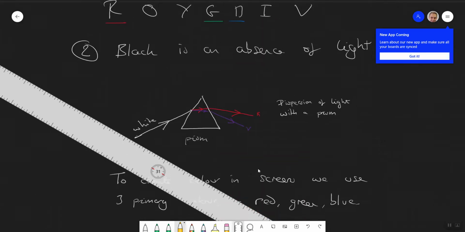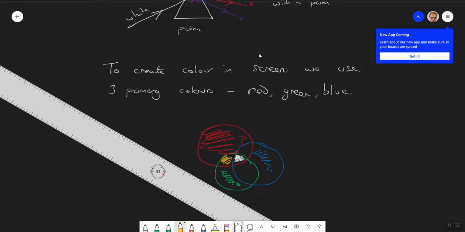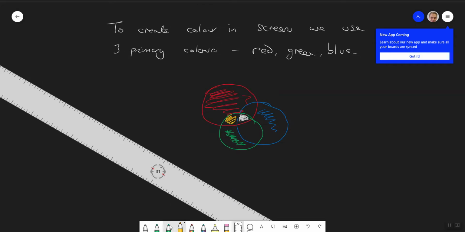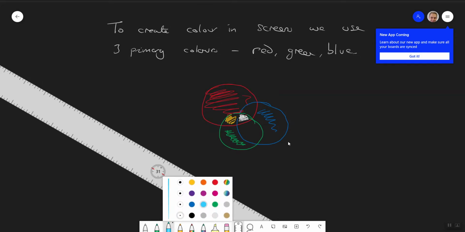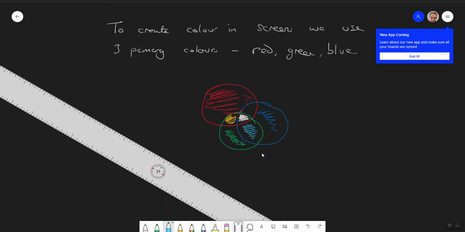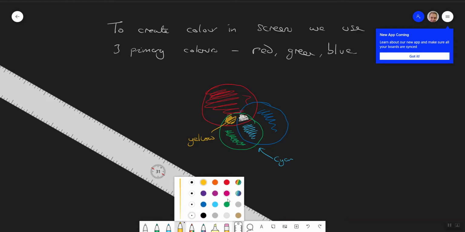If we overlap blue and green, although it's not in the colour spectrum, it's there if you spread the whole thing out enough. You will get this colour, which is called cyan. We have yellow. Okay. And then if you overlap red and blue, you get a weird colour called magenta.